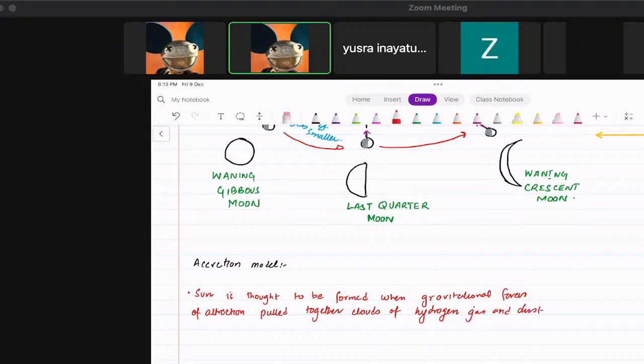Okay, usually it is basically called when a nebula is formed. Nebulae is formed. Okay, like that.